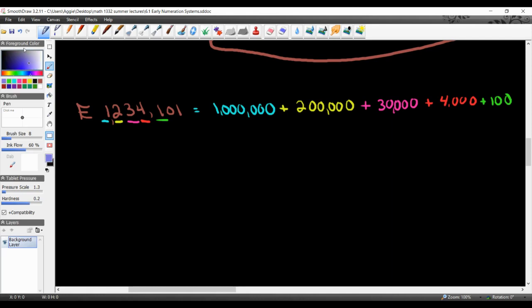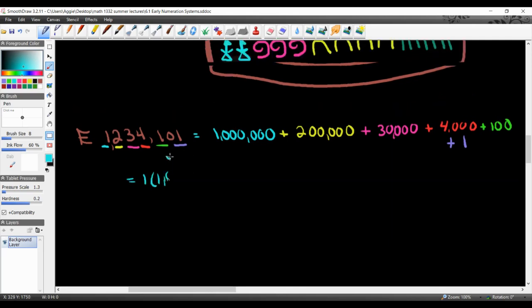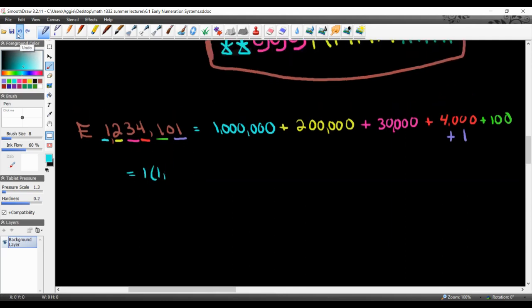Let's see, what haven't I used? I'll use this one. Plus 1. Okay, now we're going to convert this into where we can break it down and see how many of each we have. So the first one's actually kind of easy because we only have 1 million. So that one's kind of the same.